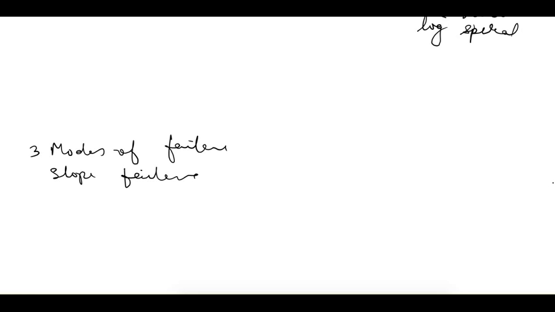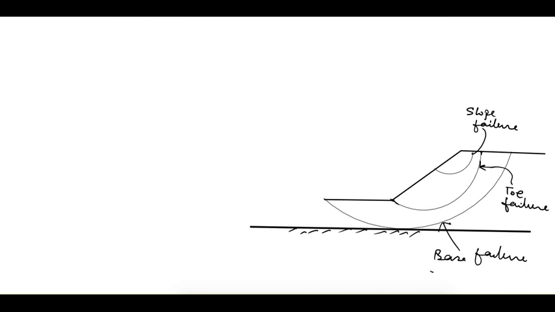So there are three modes of failure in finite slopes: that is slope failure, toe failure, and base failure. These are the three failures I have shown here.